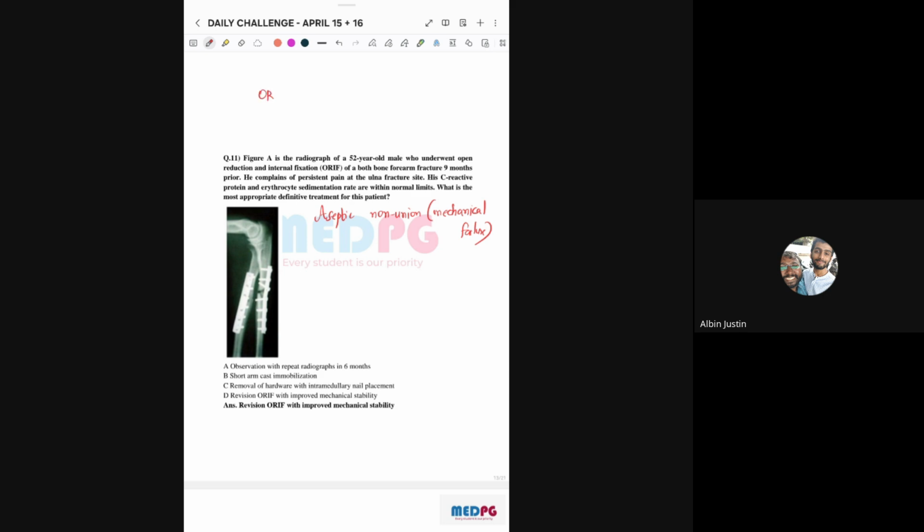Because ORIF was done 9 months back and there is persistent pain at the fracture site with normal ESR. This itself rules out infection. The best management will be revision.